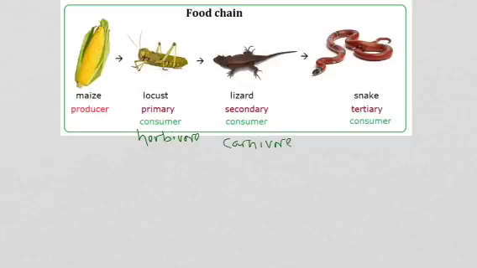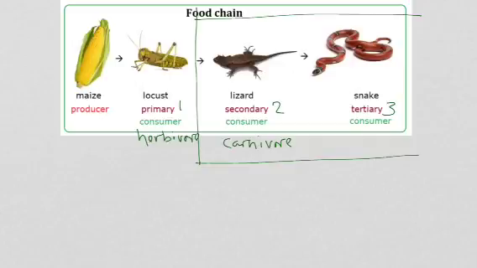Now, the words primary, secondary, and tertiary mean 1, 2, and 3. But in terms of actual carnivores, we see that there are 2.